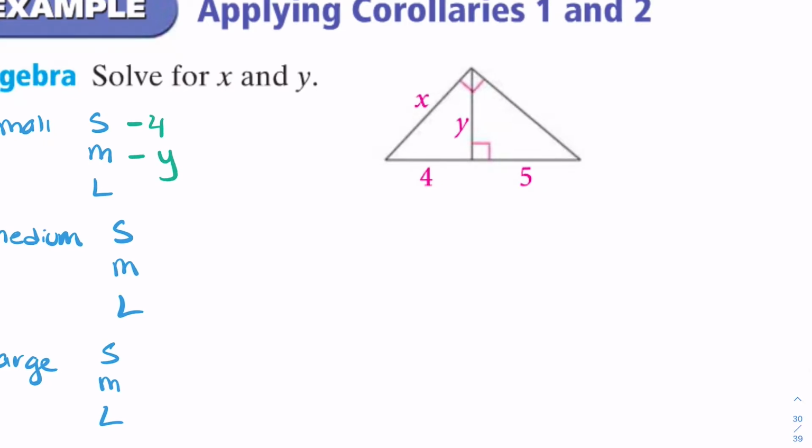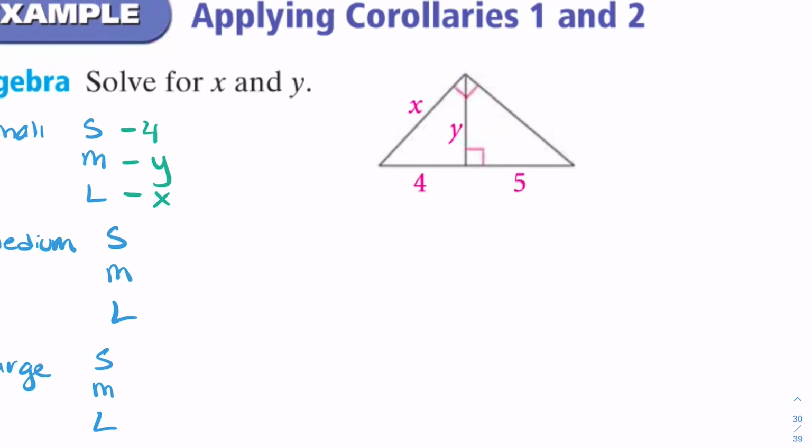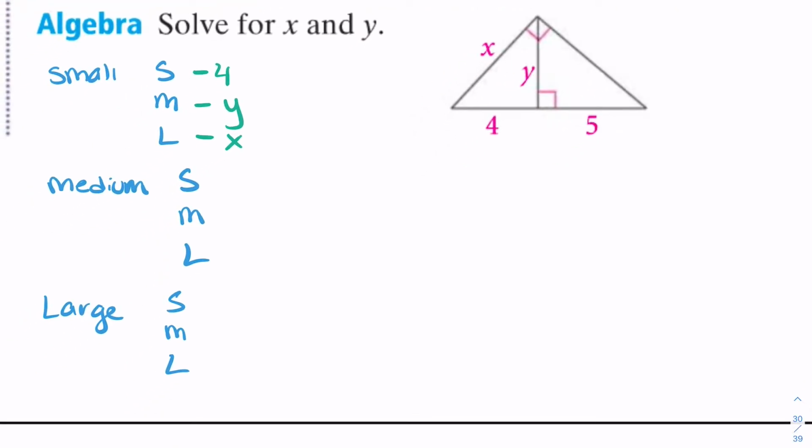Notice they also give me my hypotenuse, which is x. So they gave me short, medium, and the longest side. The longest for all of these will always be the hypotenuse, so you shouldn't get too tricked up on that one. That one's always opposite the right angle. Now in this medium triangle, they gave me y and 5. They gave me what appears to be the short side y, the medium side 5. No hypotenuse. They didn't give me anything for the hypotenuse.